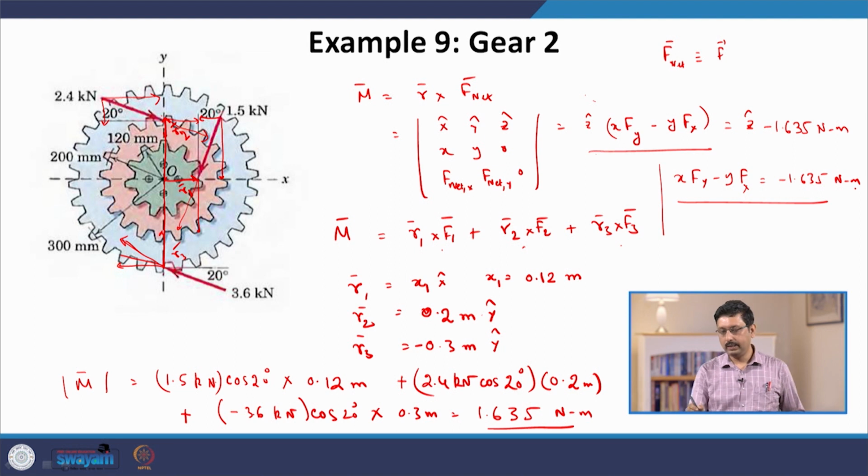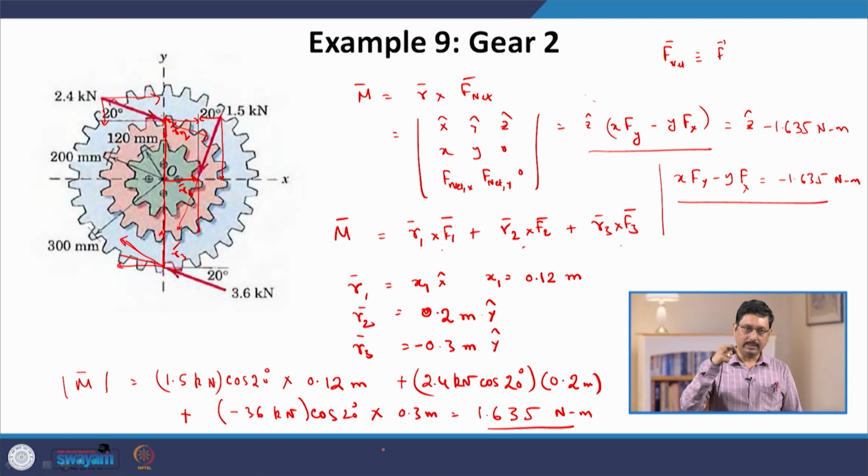note that in this case we cannot determine the exact point of application. There is no meaning of an exact point of application. We can only determine the equation of a line. Note that this is an equation of a straight line, because along this line of action you can apply the force at any point and it will give the same amount of torque.